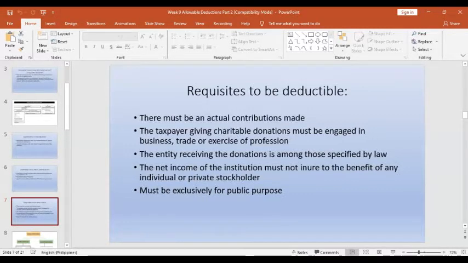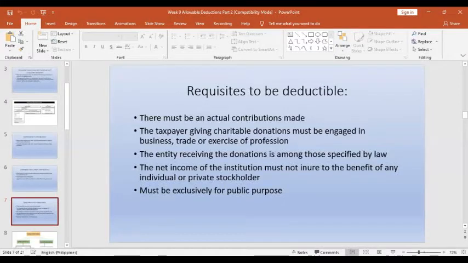The net income of the institution must not inure to the benefit of any individual or private stockholder. It means that the net income of the institution will not take benefit on the part of the business, because there are some itemized donations specified by the government which are allowable deductions.